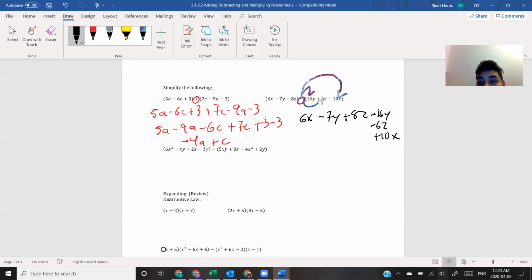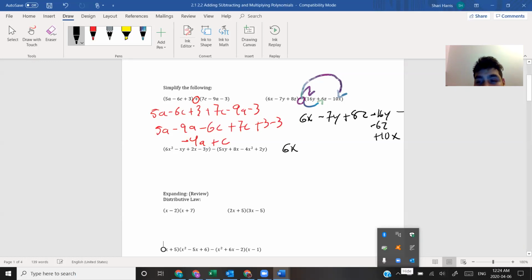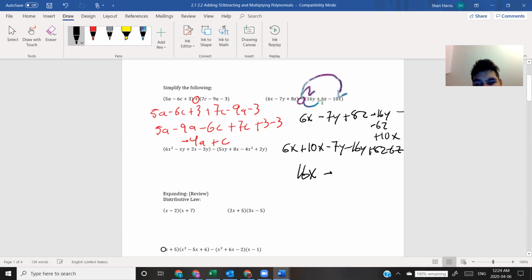Oh, I could have written on, oh no. All right, so let's collect like terms: 6x plus 10x, minus 7y minus 16y, plus 8z minus 6z, and we'll simplify to 16x minus 23y plus 2z. Sorry about my writing, I'm still getting used to this.